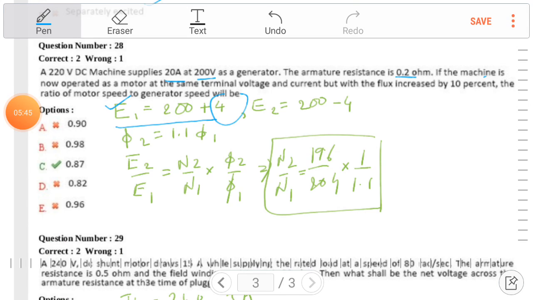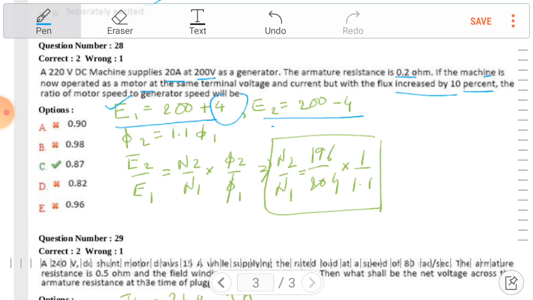Next one is, if the machine is now operated as a motor at the same terminal voltage and current but the flux increased by 10%. So same terminal voltage and current and resistance, so the EMF in motoring will be 200 minus armature drop. After that he is saying that flux is increased by 10%.